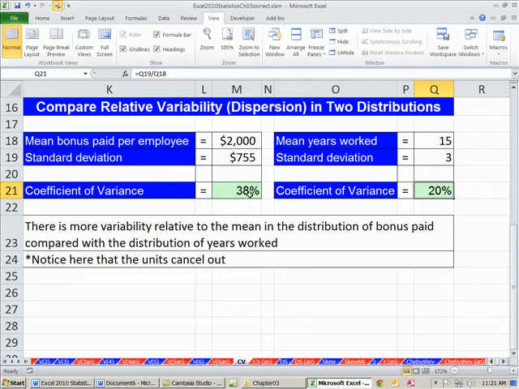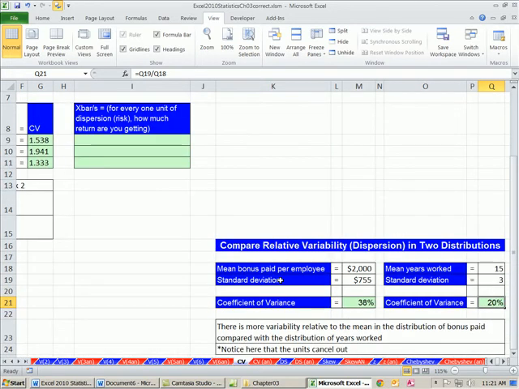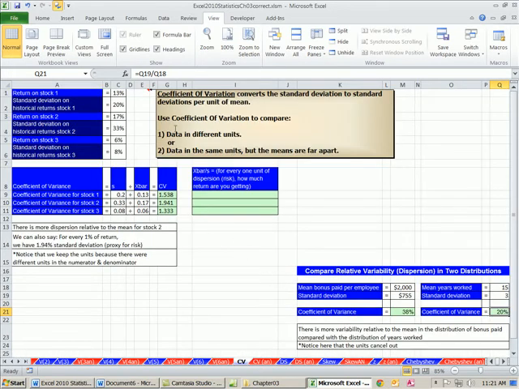Clearly, this one. There's more variability relative to the mean in the distribution of bonus paid compared to the distribution of years worked. So that's a way of comparing variability when either the data are in different units, like here we had dollars and years, or data in the same units, but means are far apart. All right, that was a lot.